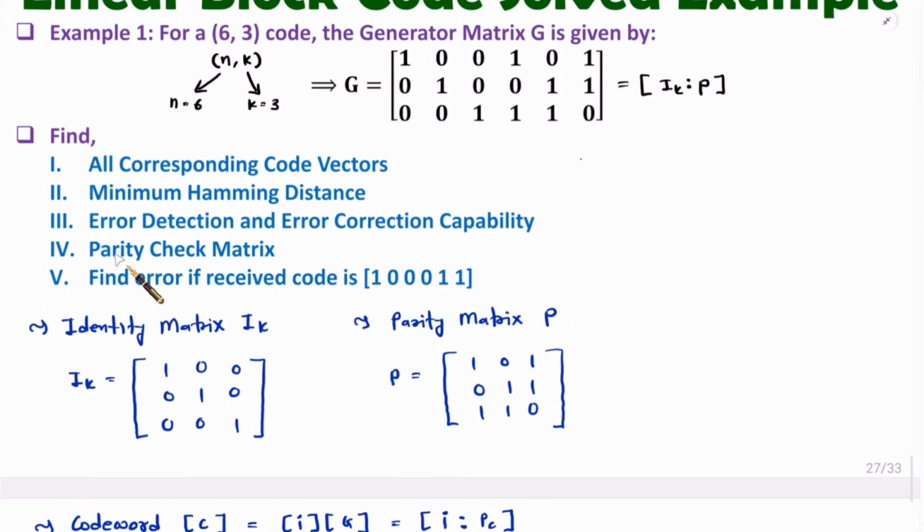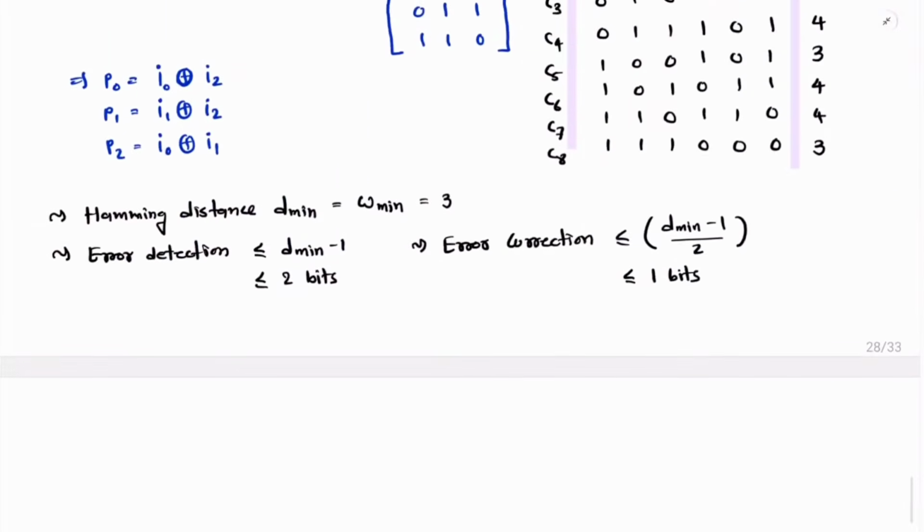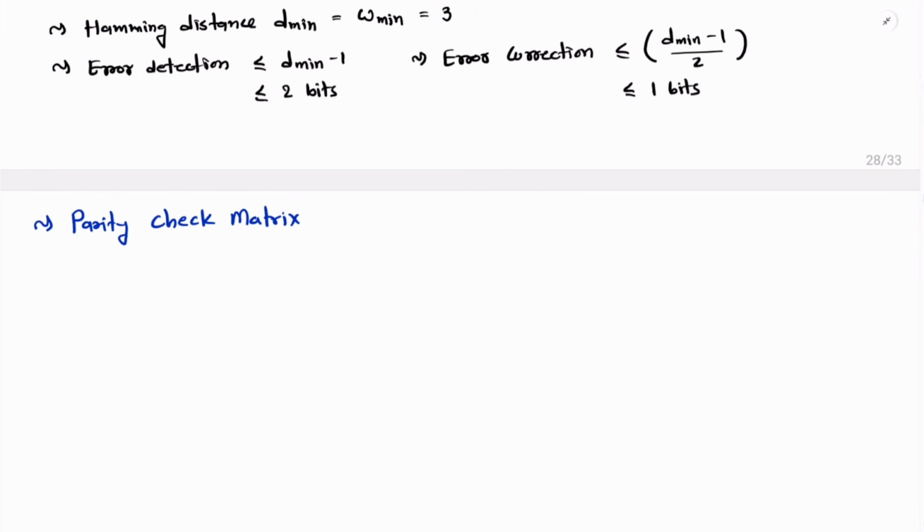Now let me explain the next parameter. The next parameter is to identify the parity check matrix. Let me explain first what a parity check matrix is. The parity check matrix is denoted by H. And if you want to calculate the parity check matrix, then that is P transpose and identity matrix I of n minus k. So based on P transpose and identity matrix, one can understand the parity check matrix.